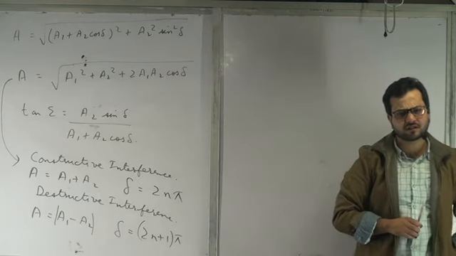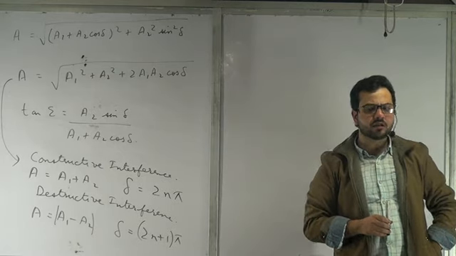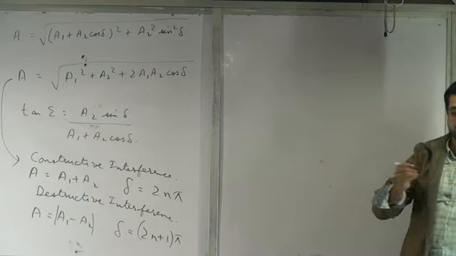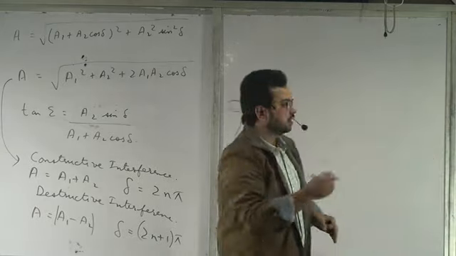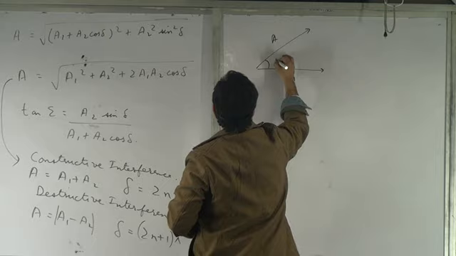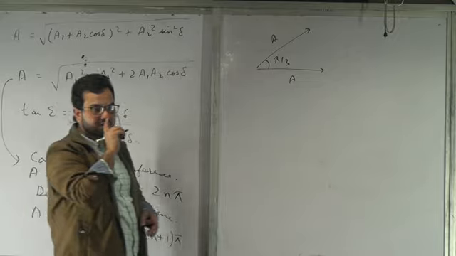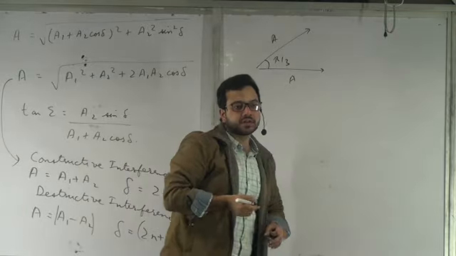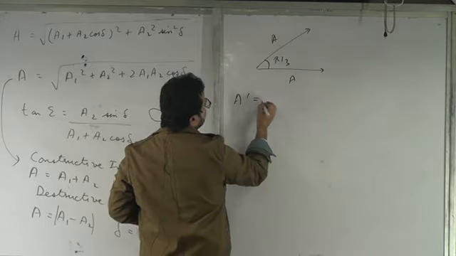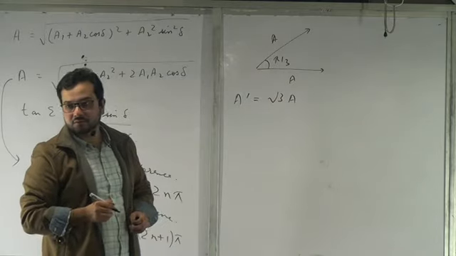It should be root 3, not root 5. Root 3 a sin(omega t plus pi by 6). Correct. All you need to do is find the resultant of these two SHMs. The resultant amplitude squared is a squared plus a squared plus 2a squared cos pi by 3, so the net amplitude will be root 3 a.